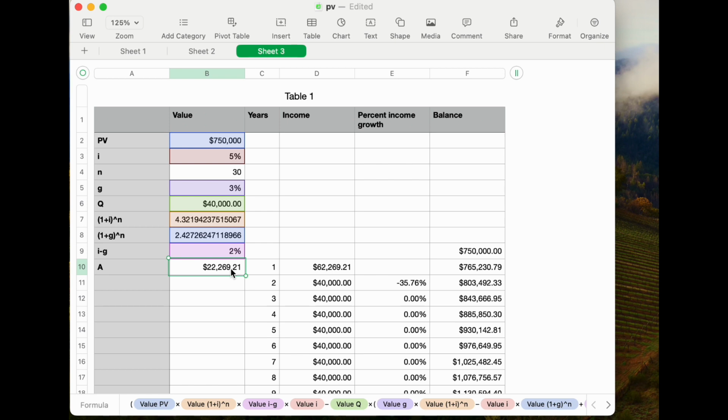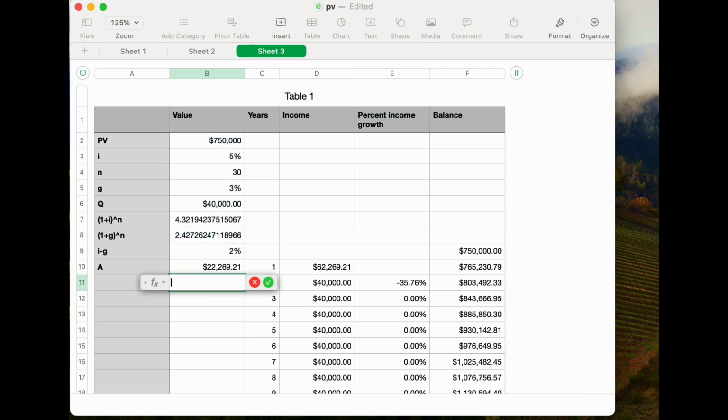So each payment after this first one will be calculated by multiplying the previous payment by 1 plus G plus QG. This is the growth that we want to account for the cost of living to include our pension.